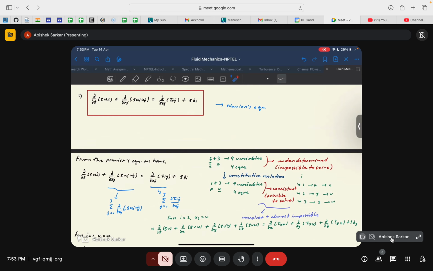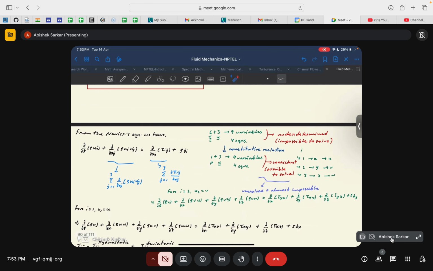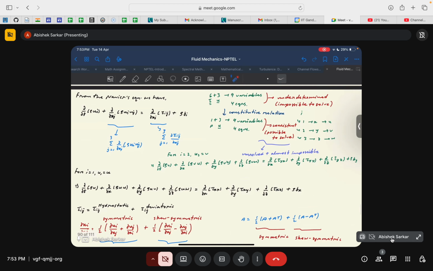Having 4 variables and 4 equations makes the system consistent, and it is mathematically possible to solve. But we saw that the Navier-Stokes equation is still impossible to solve in the case of a 3D flow, because of the non-linearity existing in the acceleration terms, basically in the inertial terms.